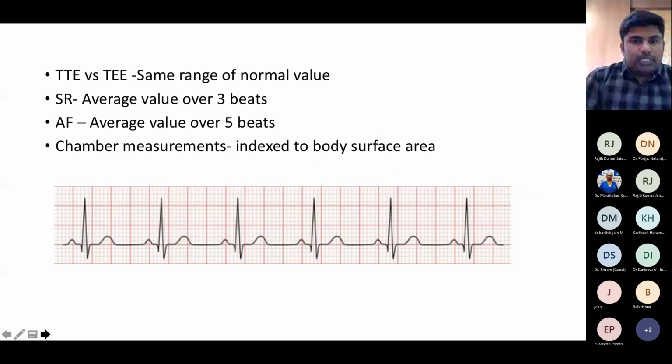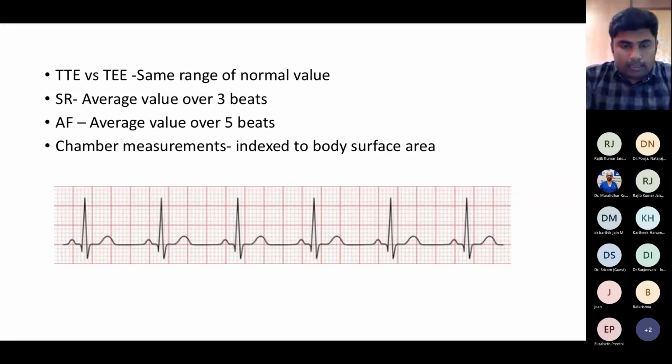On the ECG, note that there is an electrical and mechanical time delay: the electrical activity starts early in the myocardium and the mechanical activity follows. The peak of the R wave coincides with end diastole, while the end of the T wave coincides with end systole. Please remember this for the further discussion.